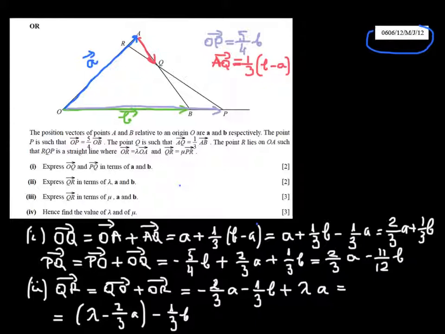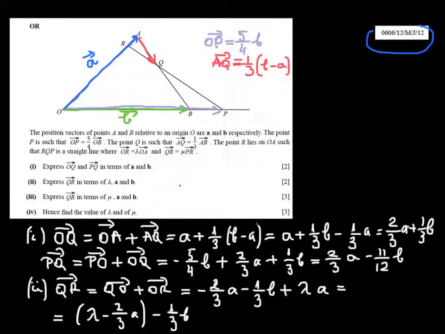The next question is a bit more difficult because it asks me to calculate QR, same as in the previous question, but now in terms of mu, A and B. And mu appears here, QR in terms of PR. So in order to use mu, to get from Q to R, I need to get through P, because I know something about PR.